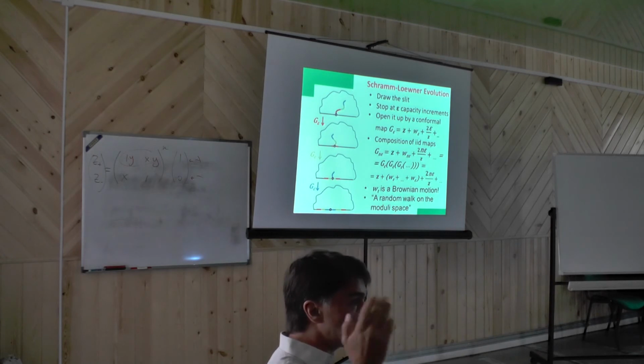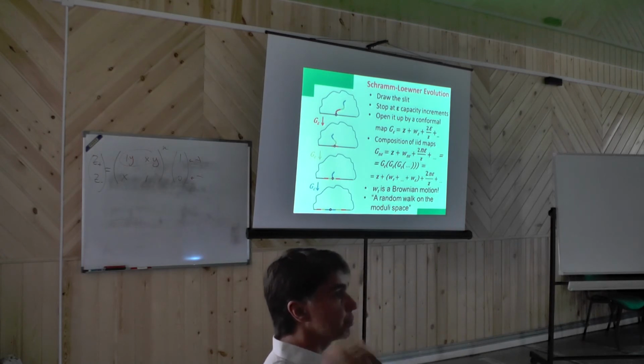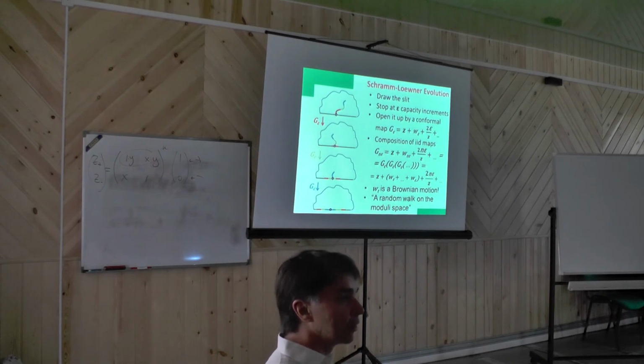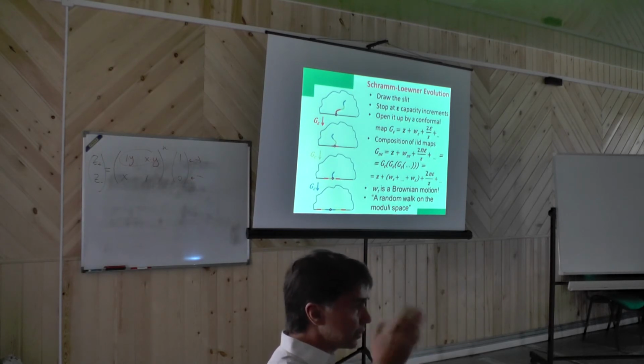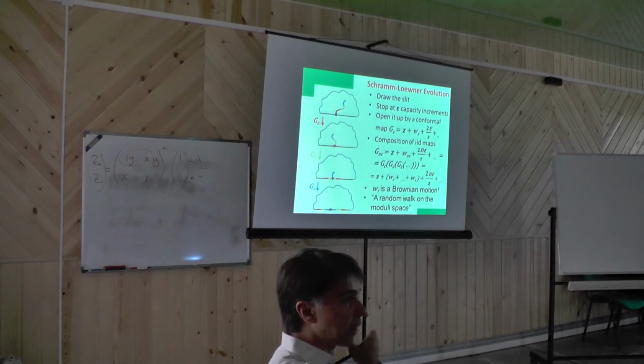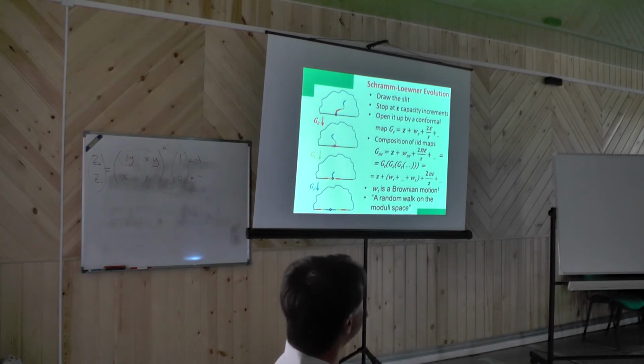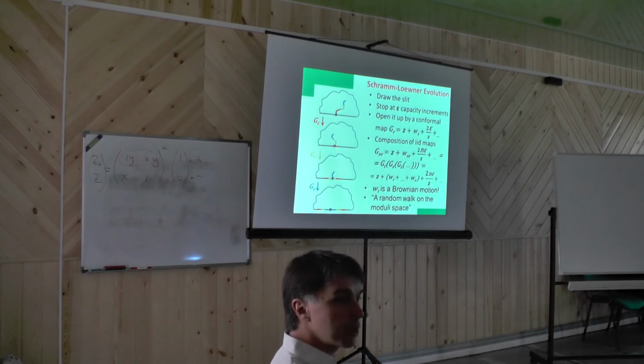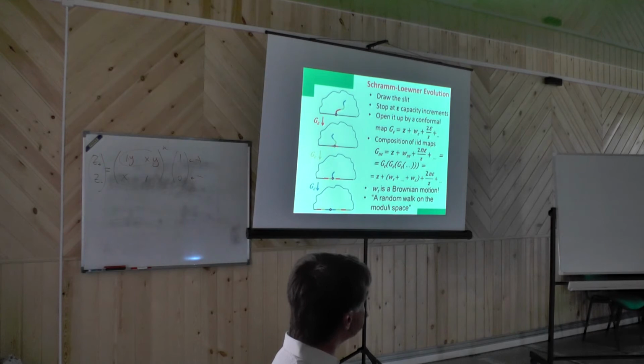You can split it into n independent, identically distributed parts. So it's basically a theorem that if you have a random variable, which you can infinitely split into independent, identically distributed parts, and if this random variable changes continuously with this index epsilon, it has to be a Brownian motion. So essentially we proved that this coefficient changes like a Brownian motion.